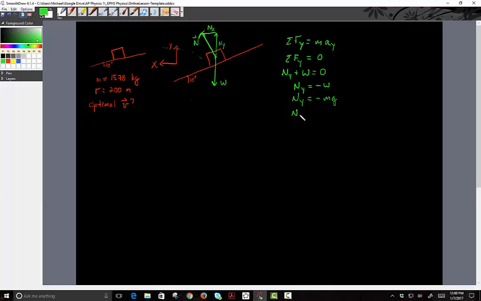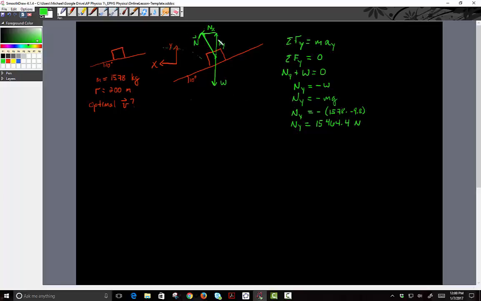So we get the normal in the y is equal to the opposite of 1578, my mass, times negative 9.8. And we'll take the negative of all of that. You get the normal in the y direction is going to be 15,464.4 newtons. So that's the normal in the y direction.